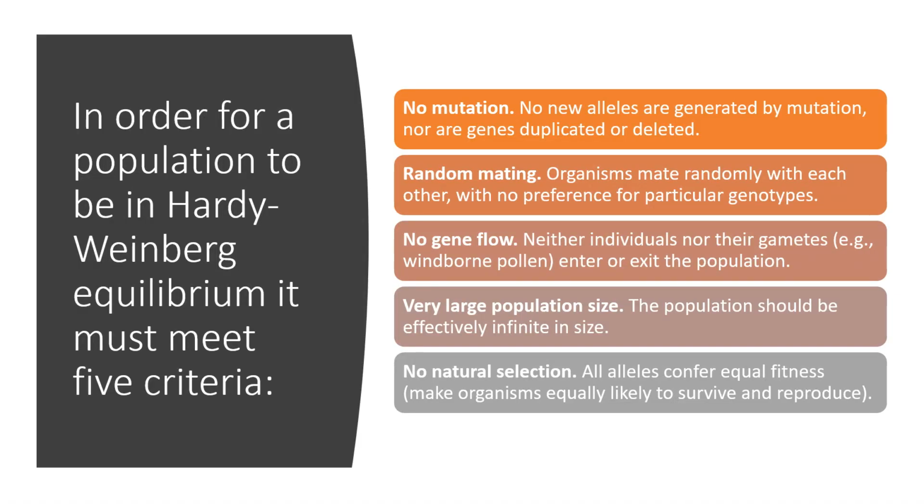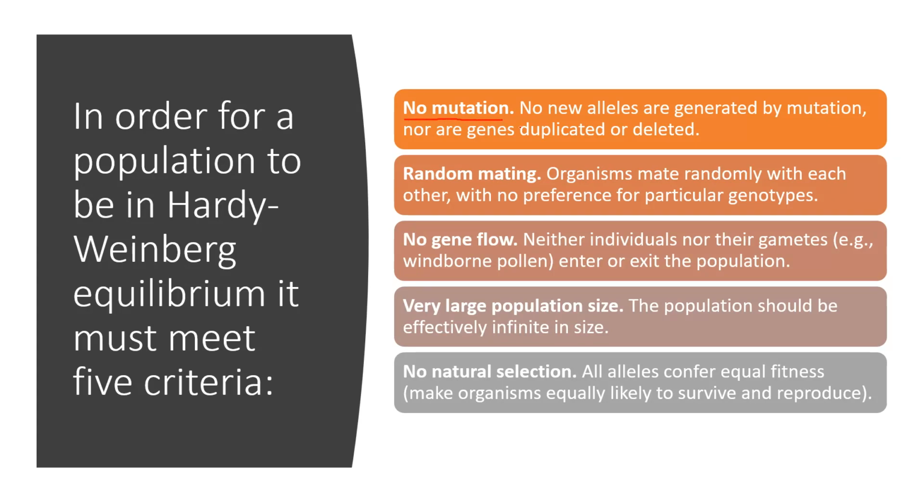So the next thing I want to dive into is this idea that for Hardy-Weinberg equilibrium to be met, there are 5 criteria that have to be met in order for Hardy-Weinberg to work. The idea here is that if a population is not evolving, there should be no mutations.